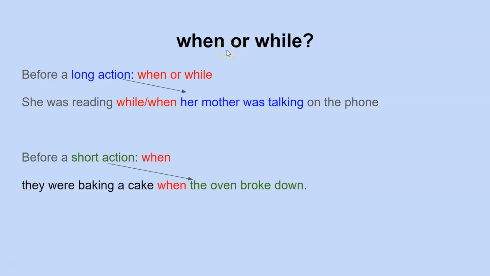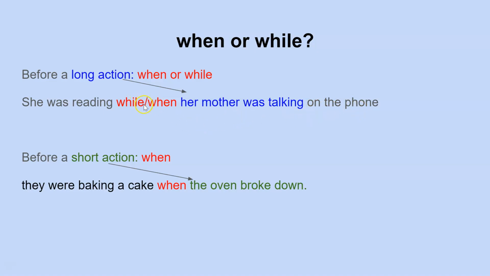But when do I use one and the other? Before a long action, I can use both when or while. So I can say, she was reading while or when her mother was talking on the phone.